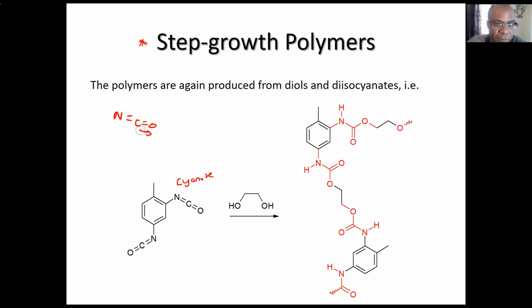Okay, this carbon right here, because of dipole moment, is partially positive, so you can attack or add the alcohol to that carbon, and the pi bond will open up.